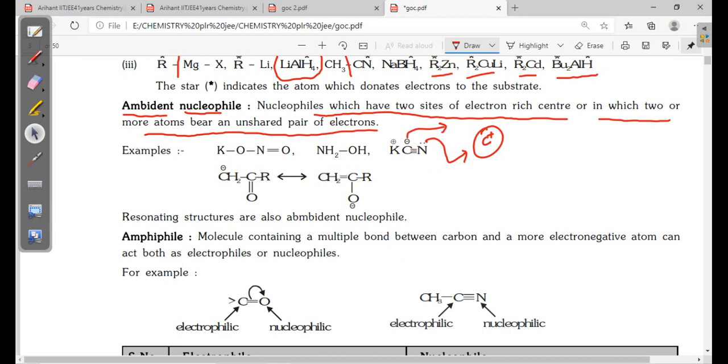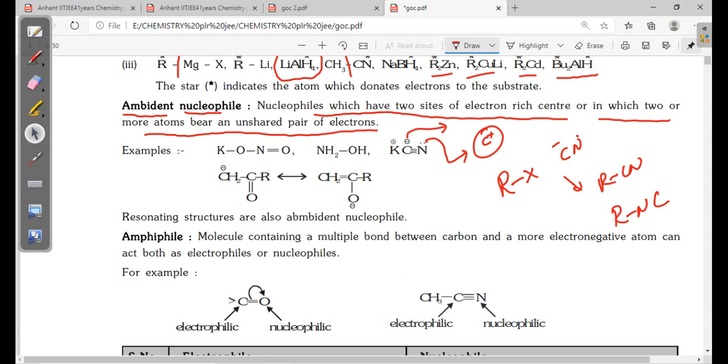Example: RX is there. If you take CN, C minus, in that case we get RCN. At the same time, if the nucleophile is nitrogen, it forms an isocyanide also. Cyanide and isocyanide, two possibilities are there.